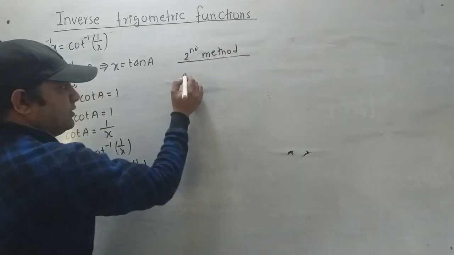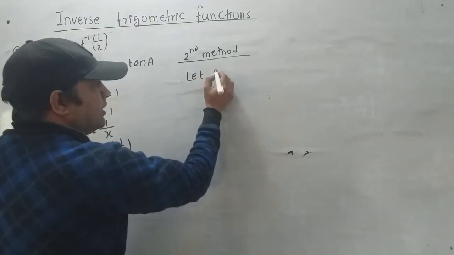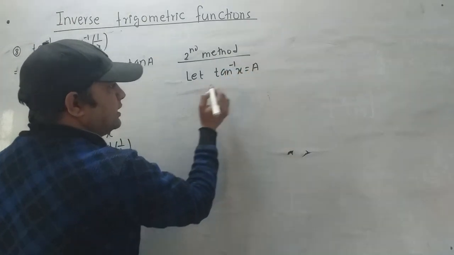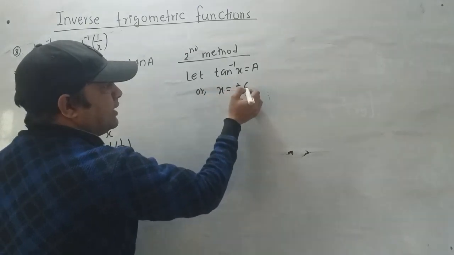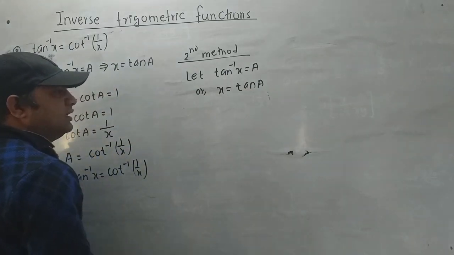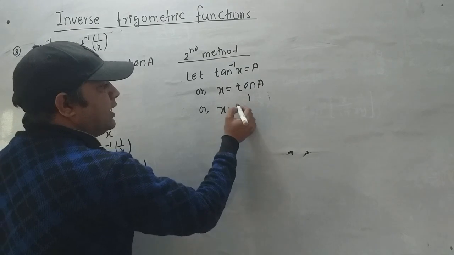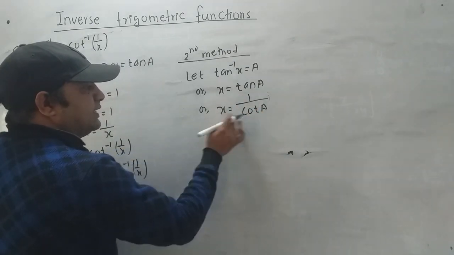in a similar pattern. You suppose that tan inverse x is a. Let tan inverse x equals a, or now you can write x equals tan a. For tan a you can do 1 by cot a, or x equals tan a is 1 by cot a, or just do the rearrangement here.